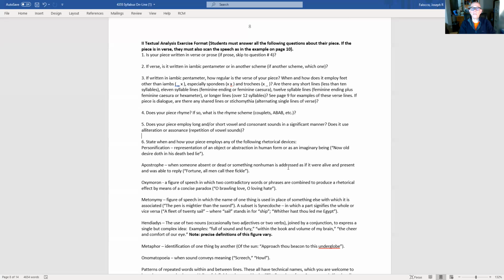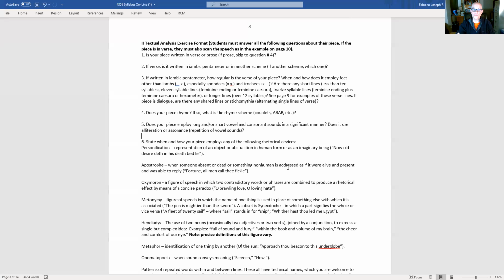Next one is apostrophe, when someone absent or dead or something non-human is addressed as if it were alive and present and was able to reply. This example also comes from Romeo and Juliet, and it actually combines apostrophe and personification. Juliet is speaking to the personified figure of Lady Fortune.